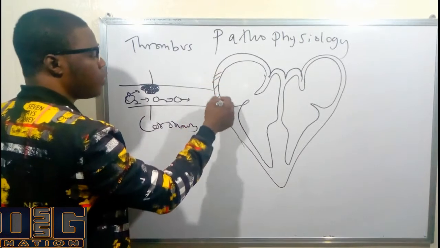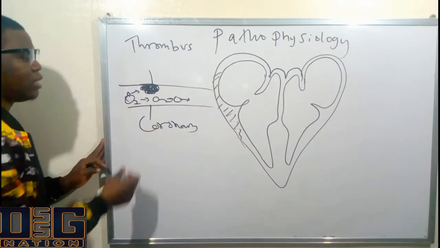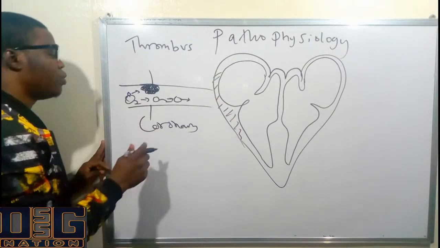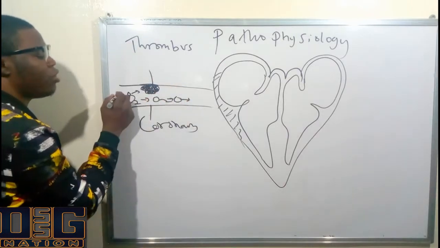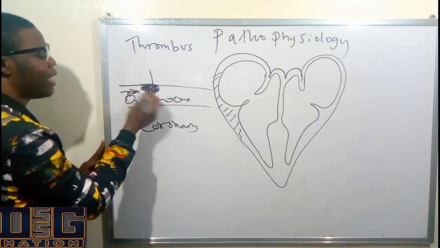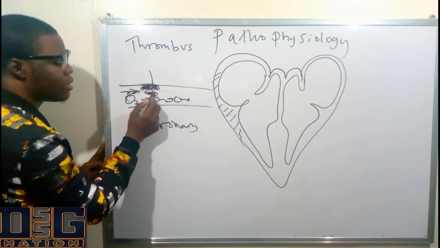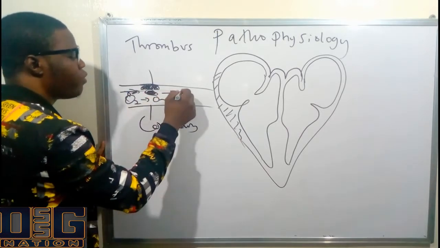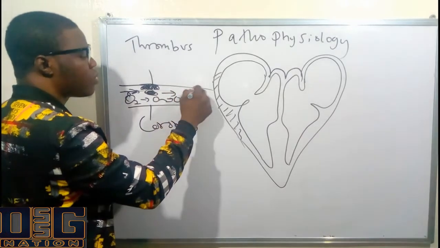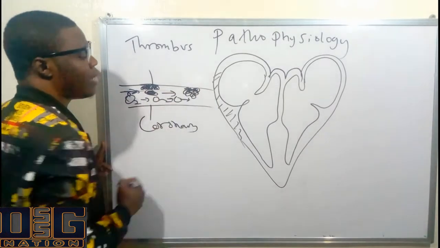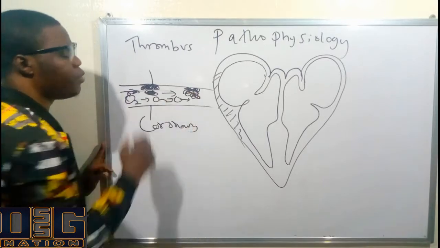So now, this is just thrombus. It can lead to embolism if the pressure of blood coming like this breaks it, and then the remaining thrombus can further occlude, further block the coronary artery, and this is going to lead to thromboembolism.